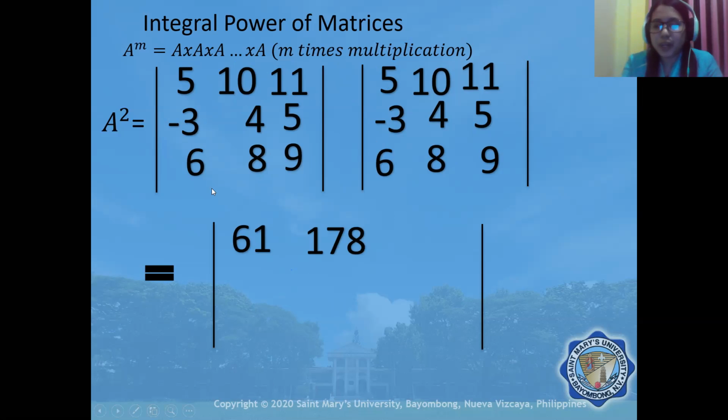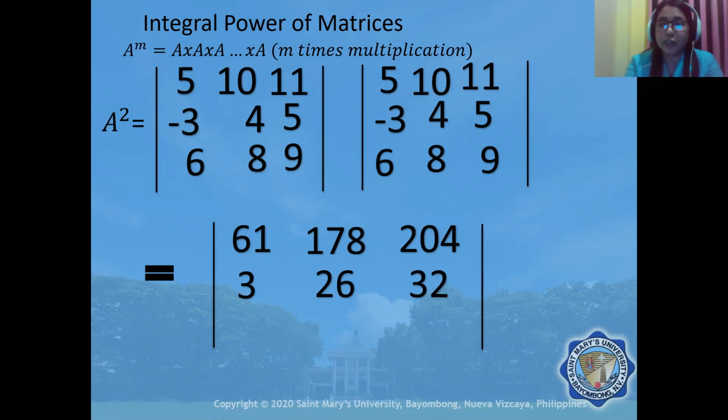Again, you're going to get 178. So continuing the process, 5 times 11 plus 10 times 5 plus 11 times 9. And then second row to second column, negative 3 times 10 plus 4 times 4 plus 5 times 8. And then negative 3 times 11 plus 4 times 5 plus 5 times 9, it's 32. And then third row, 6 times 5 plus 8 times negative 3 plus 9 times 6.